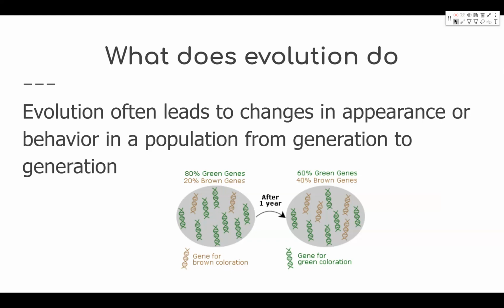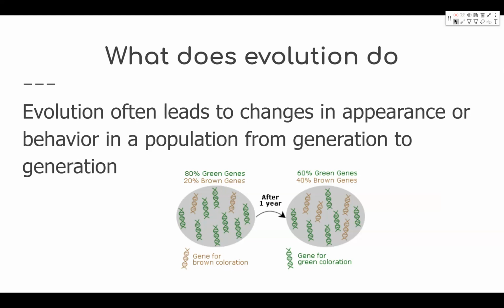So, changes in a population from generation to generation. Again, the key word is population. Individuals do not have gene pools, they just have genes. A population, which is a group of individuals of the same species, has a gene pool. Change over time in these genes leads to changes in physical characteristics and behavioral changes.